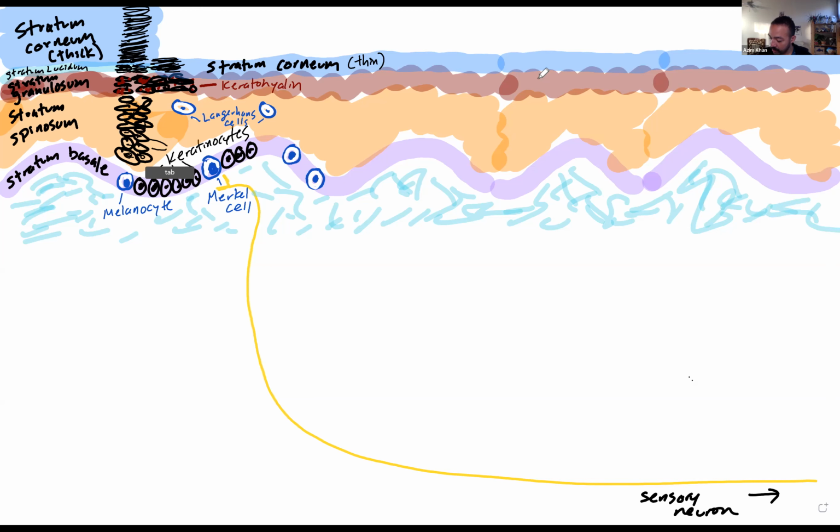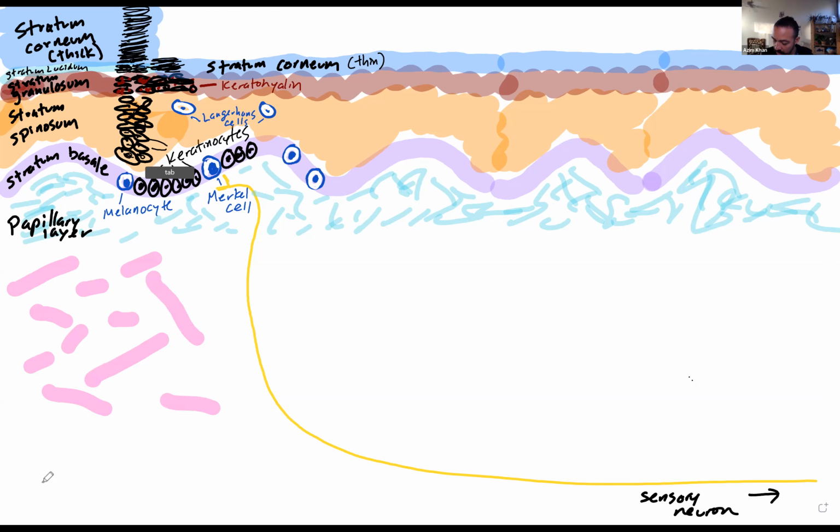This layer is the papillary layer. Deeper to that, we start to see collagen that's thicker, and darker.